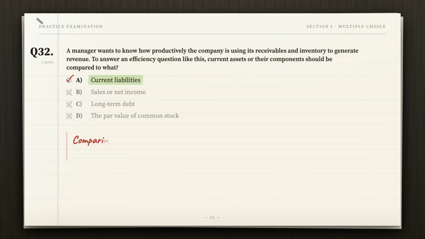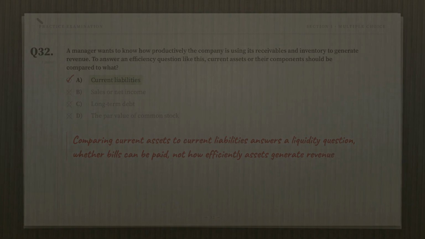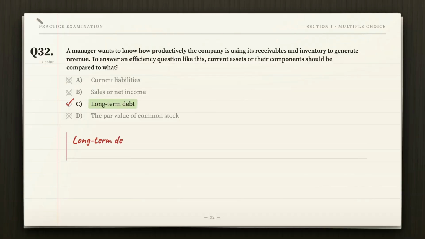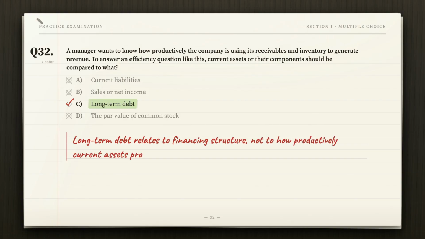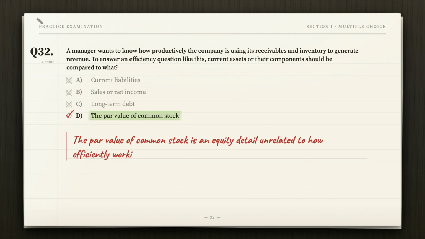A is wrong because comparing current assets to current liabilities answers a liquidity question, whether bills can be paid, not how efficiently assets generate revenue. C is wrong because long-term debt relates to financing structure, not to how productively current assets produce sales. D is wrong because the par value of common stock is an equity detail unrelated to how efficiently working capital generates revenue.